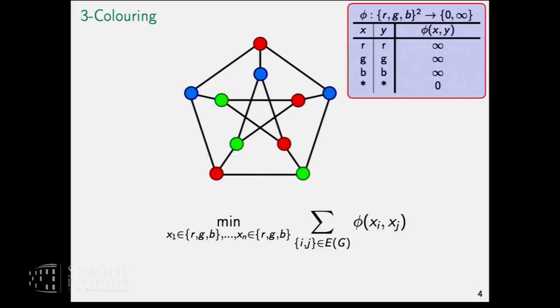The function sitting there is in fact the relation, but I want to see it as a function which returns 0 or infinity. If the 2 arguments are the same, it's infinity, 0 otherwise. So minimizing this function really asks: is it possible to get a proper coloring? Is the smallest value for this expression 0, or is it infinity? This is a purely decision problem.